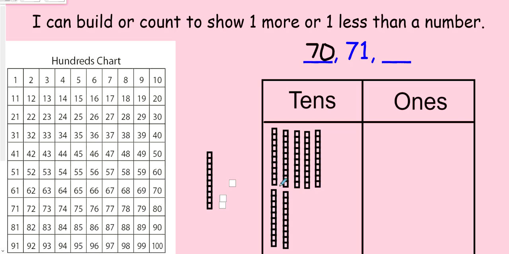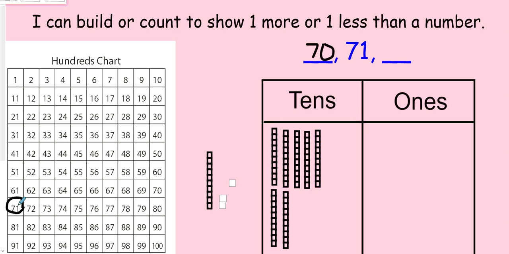Let's try it on our hundreds chart. We find 71. We want to show one less. So would I count on or would I count back from 71? I would count back from 71. But when I try to do it, there isn't a number here.